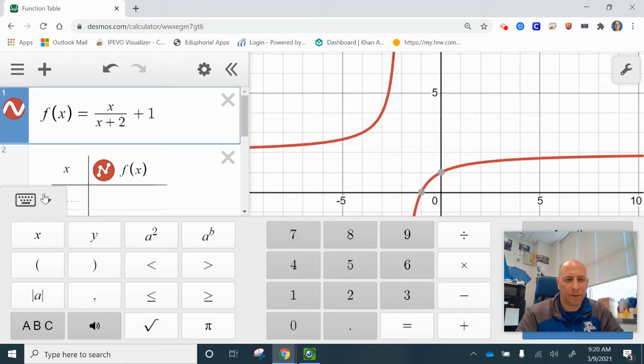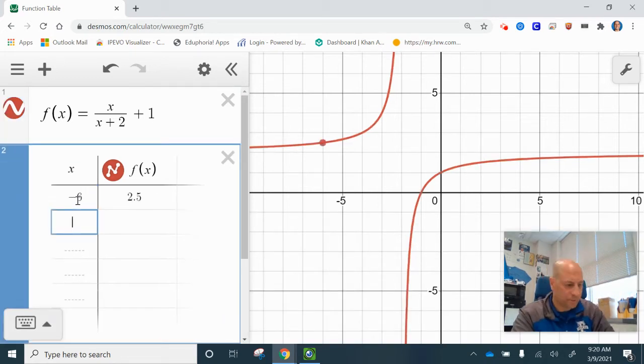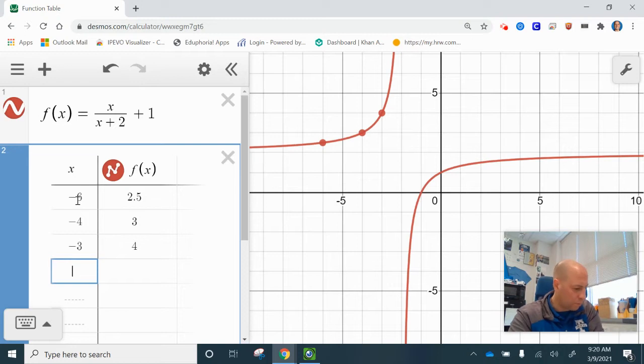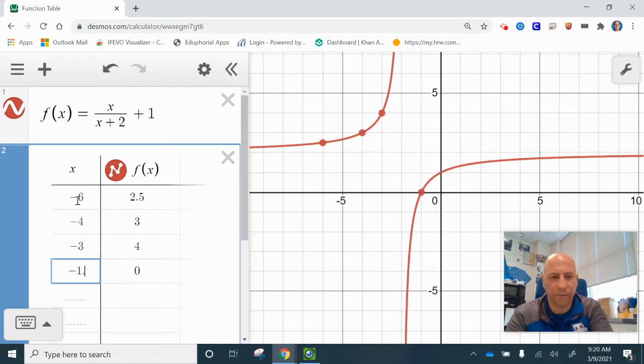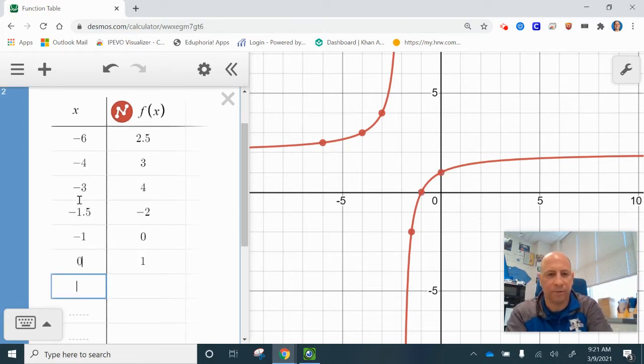Now, in the table, we want negative 6, negative 4, negative 3, negative 1.5, and we want negative 1 and 0. So let me fill those into my table real quick.